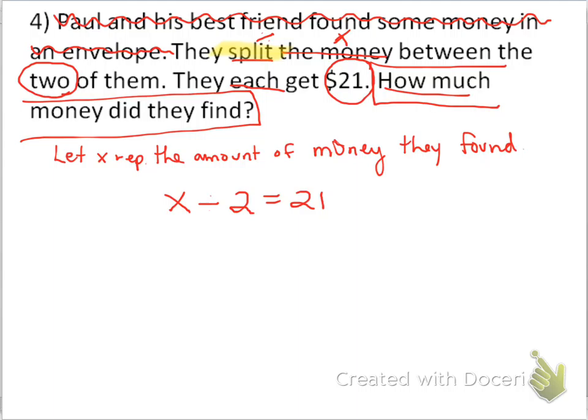They split the X, the money, into 2. That's what our wording up here tells us. They split the money between the two of them. So that means X, and this is a division sign, even though my dots are small, divided by 2 is equal to 21. Okay, now we need to solve for X. So we're going to multiply both sides by 2. And we end up with X is equal to 42. 42 what? Don't forget your units, $42.